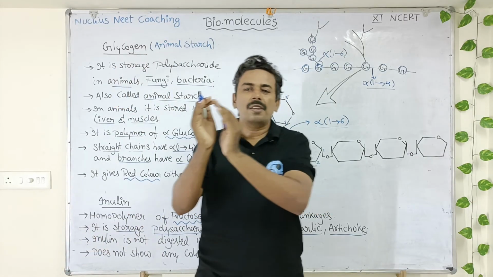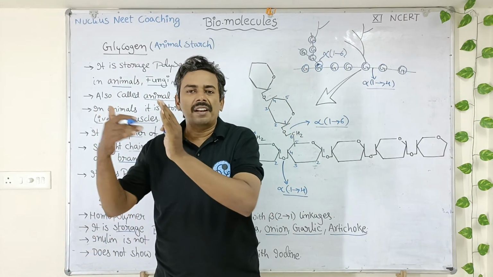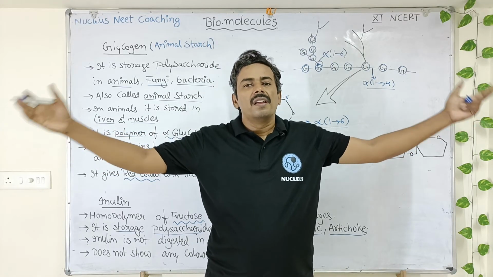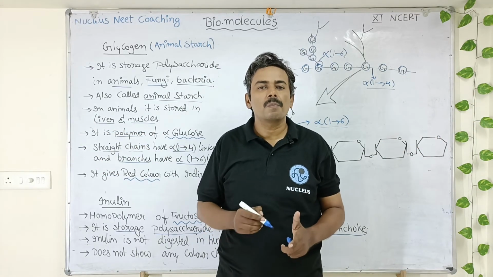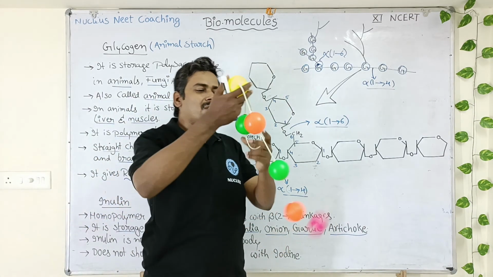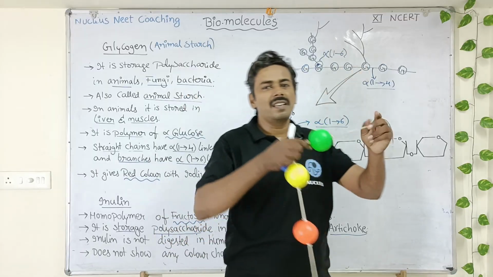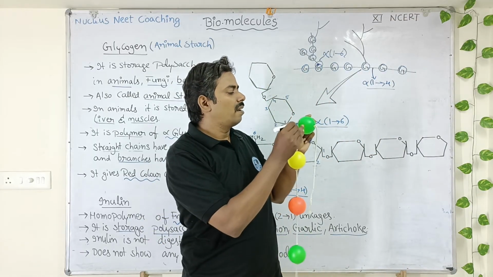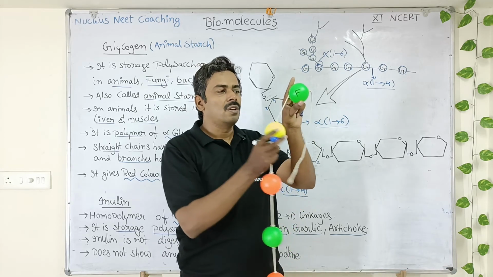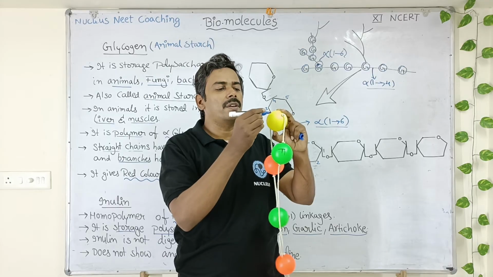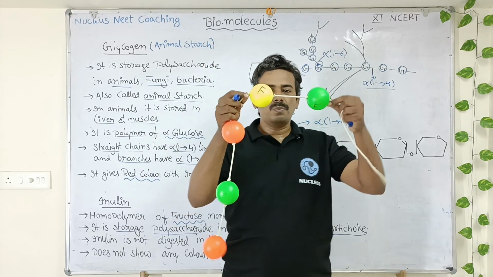Several fructose molecules are interconnected. They are connected to each other to form a very long chain. We call it inulin polymer. So look here. Once again, we will take our model. Imagine that each ball is a fructose. I am drawing F here, F for fructose. One fructose is attached to another fructose molecule, and another fructose molecule.